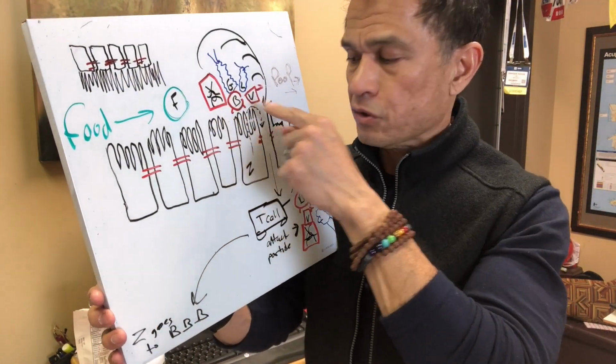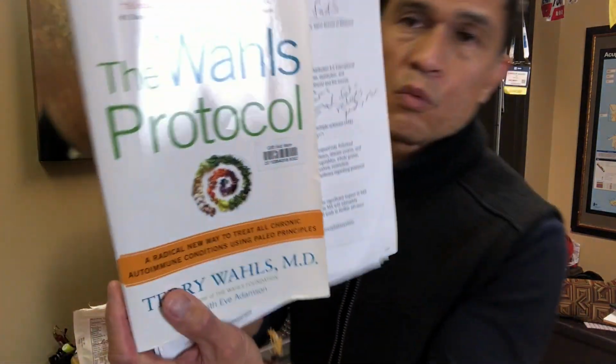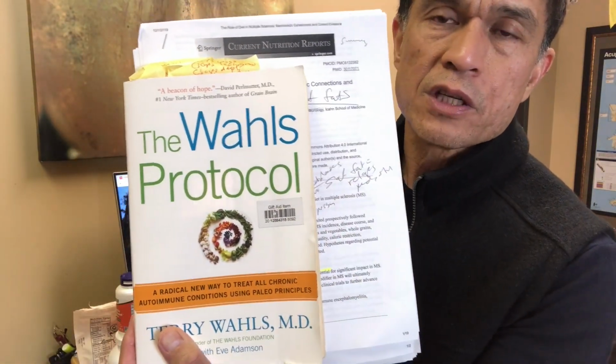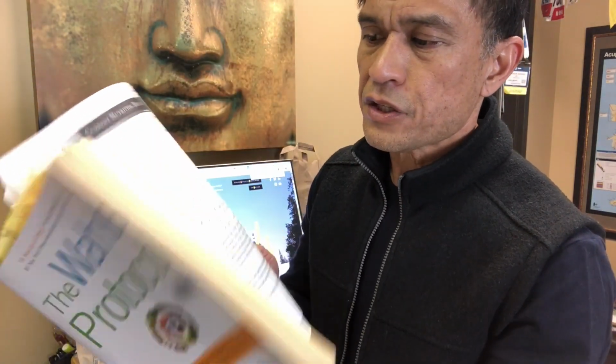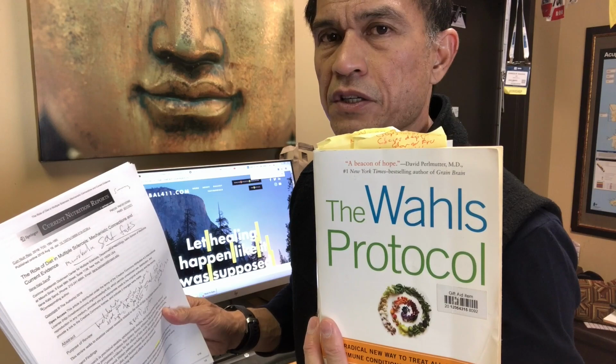Remember, when those chemicals destroy the lining, those chemicals head up to the brain and they'll affect the way the brain works. Which is why I, again, bring up the Wahls Protocol. So Terry Wahls is an MD, and she has multiple sclerosis. And in her book, she talks about vegetables, meats. Essentially, she talks about eating a certain amount of cups per day of veggies.